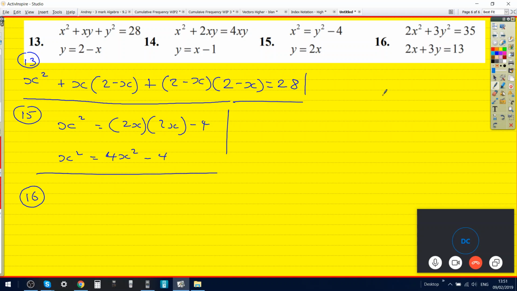So if I do 2x minus 13 equals 3y, minus 3y. So 2x equals, we can do that as well if you want. No, 2x is good. 2x equals 13 minus 3y.